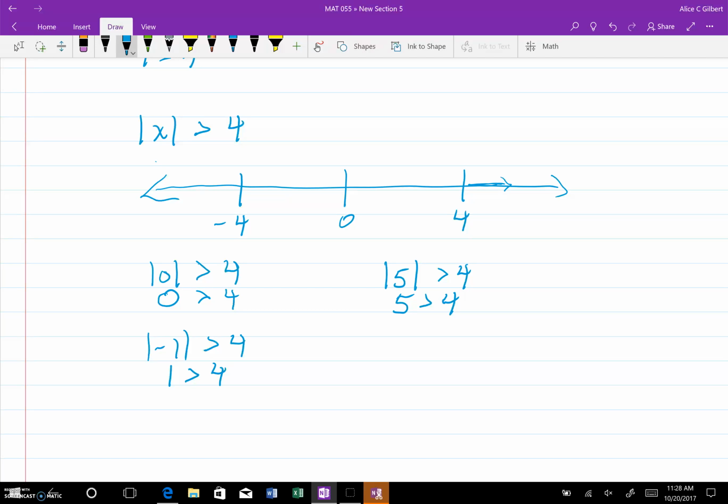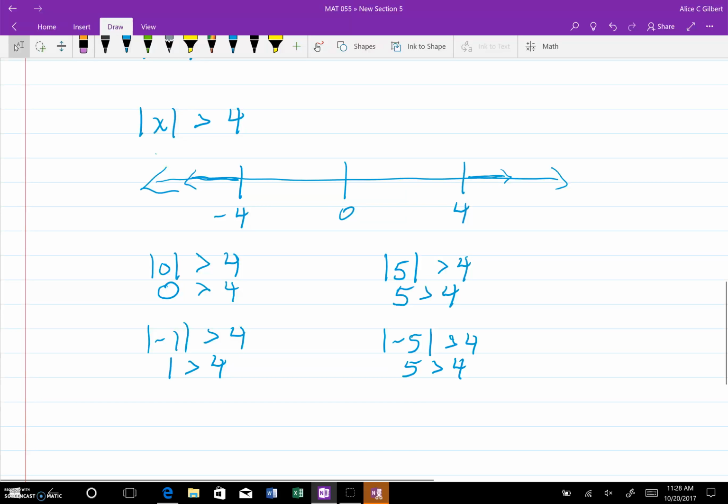But let's try this as well. What about if I had the absolute value of -5? Well, the absolute value of -5 is 5. Again, is 5 greater than 4? It is. So I could do -6 and -7, etc.